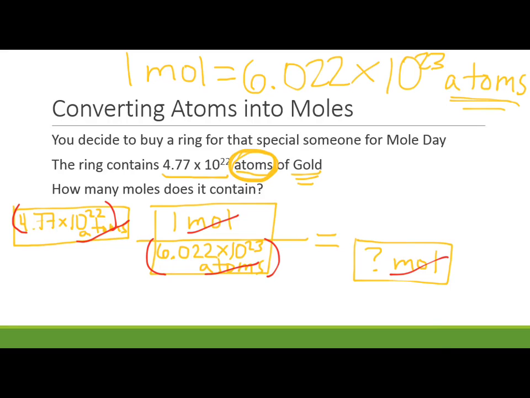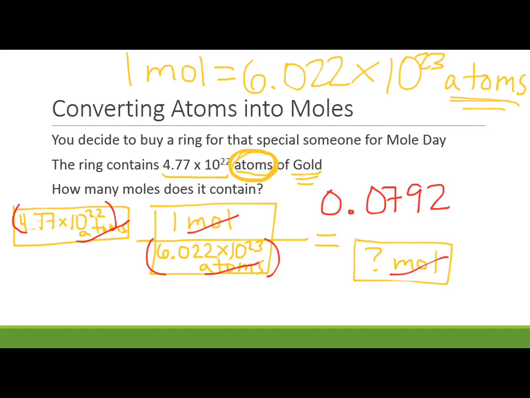All right, and this came out to be 0.0792. If you got a number that's different than that, like 10 to the 45th or something, you probably forgot your parentheses.